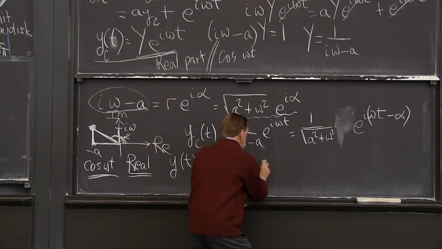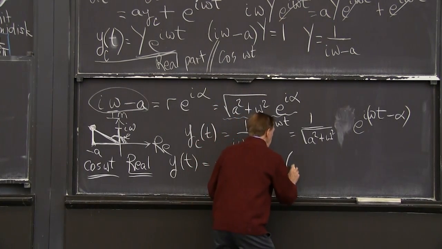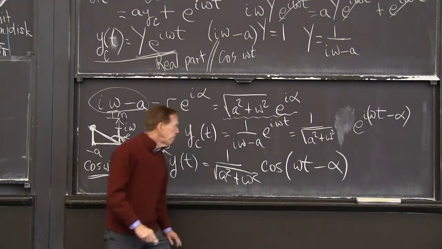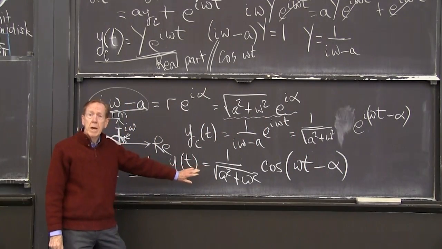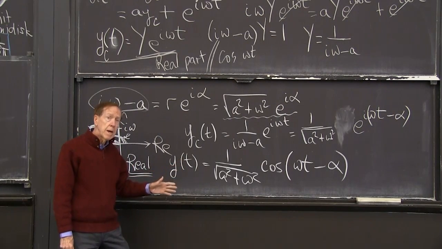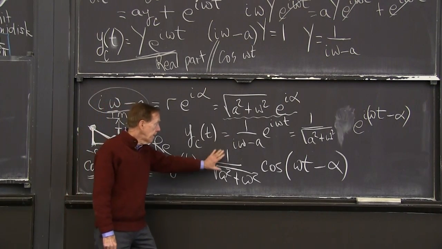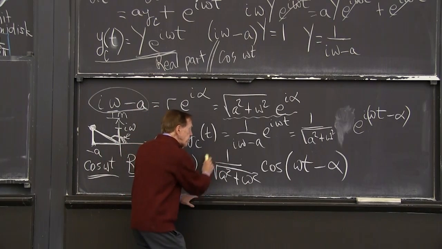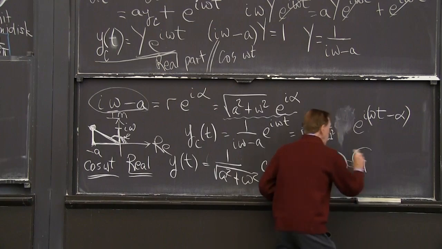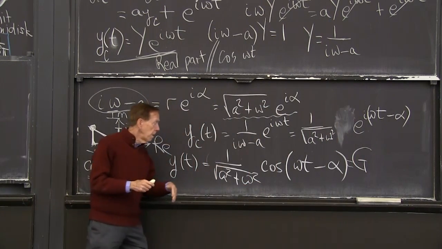So it's just the cosine of omega t minus alpha. And that's exactly what we ended up with, with more work, in the previous lecture. The magnitude, this was called the gain. This was the G part. This is the G.